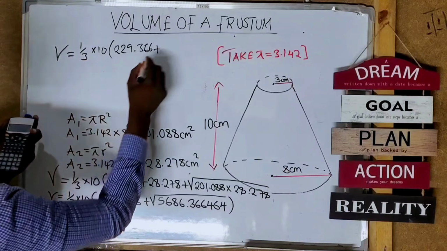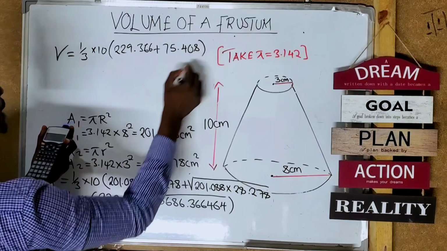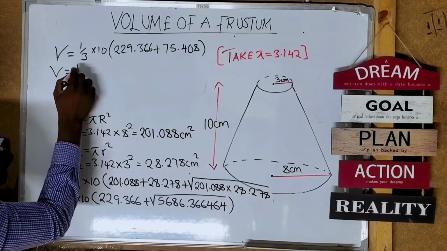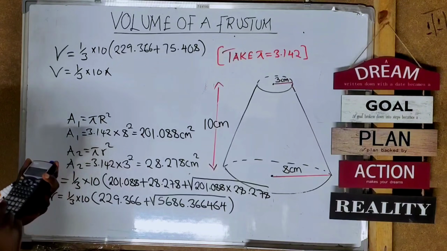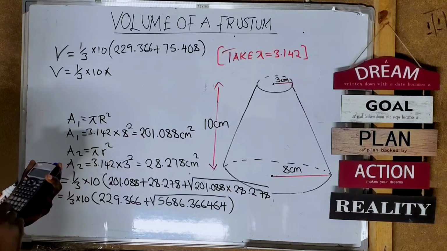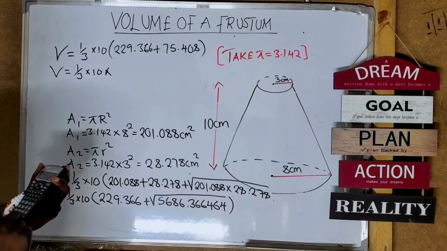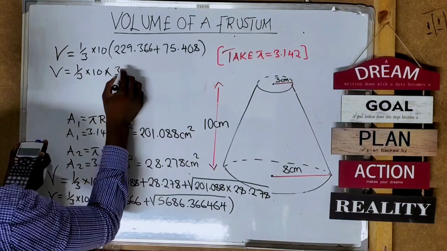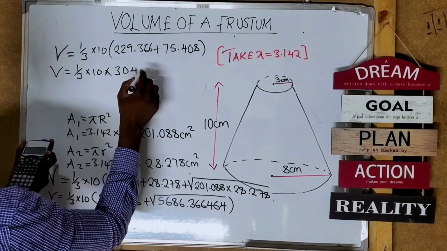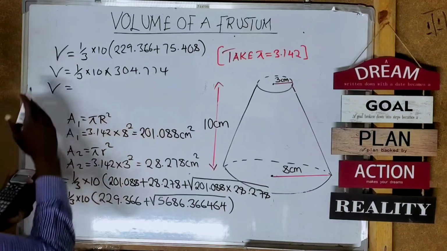This is giving me 75.408. Simple. So 1/3 times 10 times, let's add what's there, 229.366 plus 75.408. This is giving me 304.774.